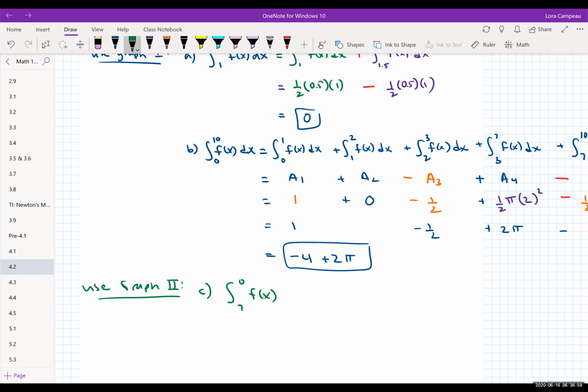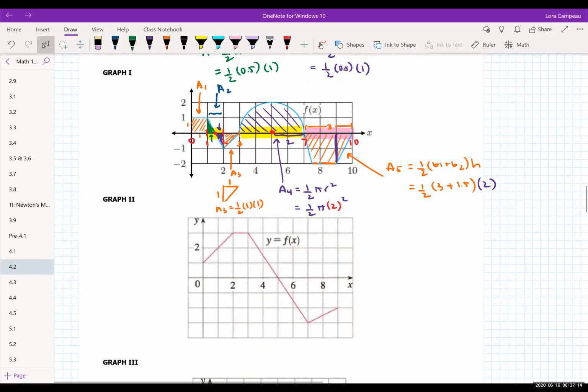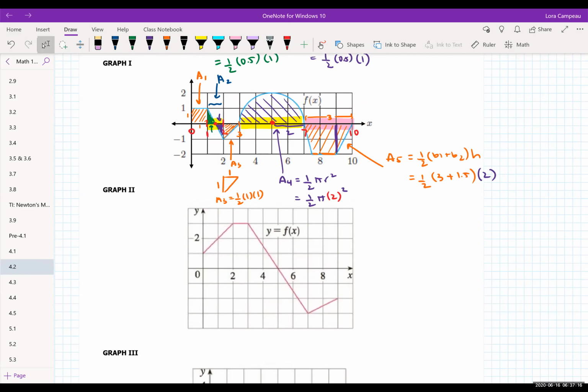Okay, so let's look at this. Assuming all these are f of x's, it's saying the integral from 7 to 0. When you look at your graph, you're like, wait a second, it seems out of order. Wouldn't it be more convenient to go from 0 to 7?